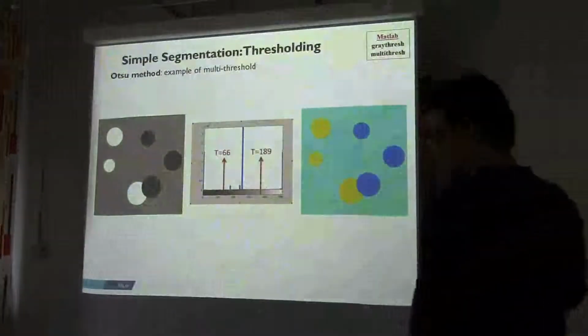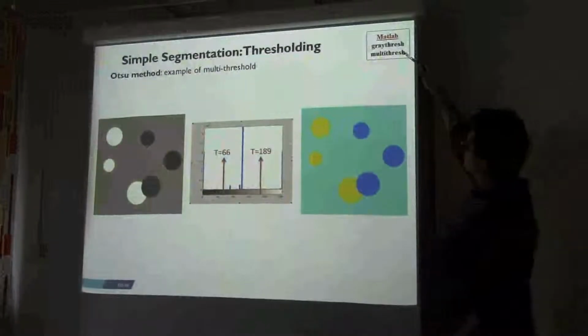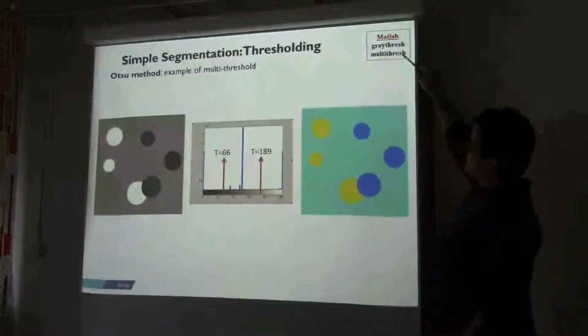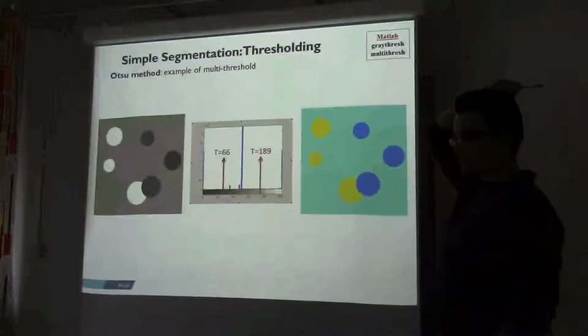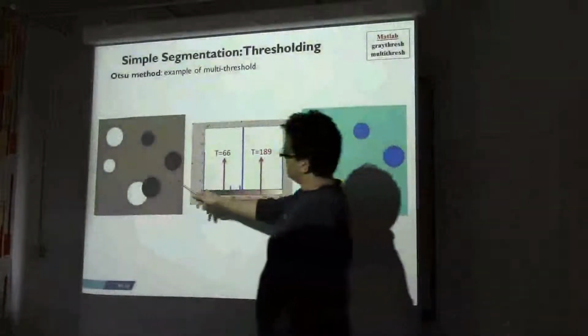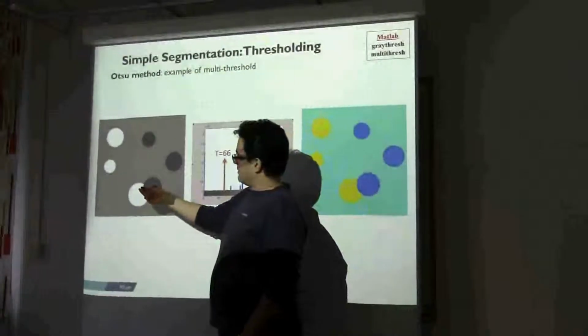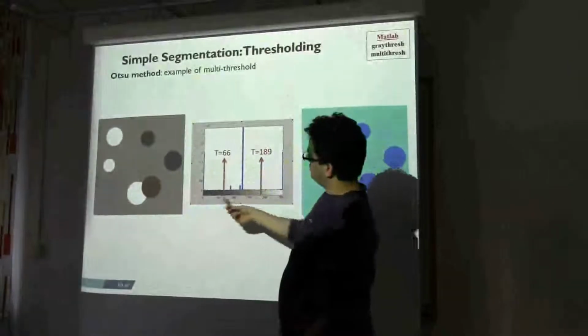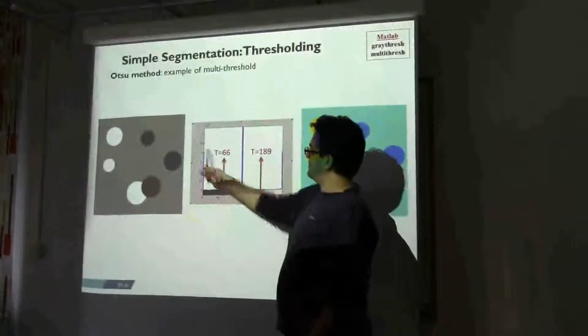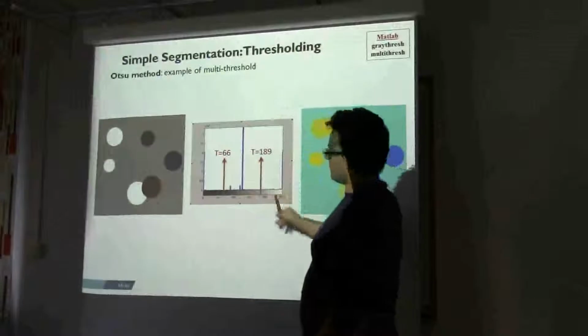There is also one command in MATLAB, multithresh, where you can define how many modes in the histogram you think you have. In this image here, you have the black region, the gray region, and the white region. So if you plot the histogram, you will have one peak here, one peak here, and one peak here.